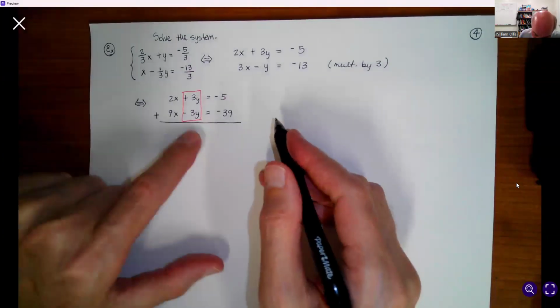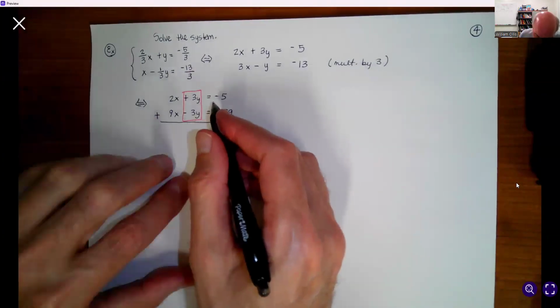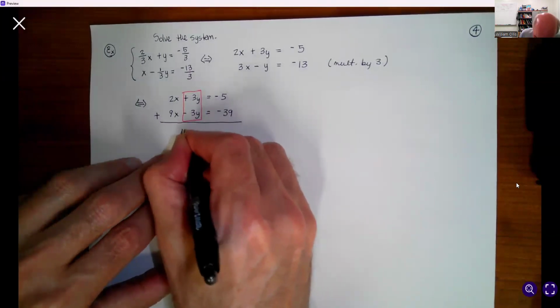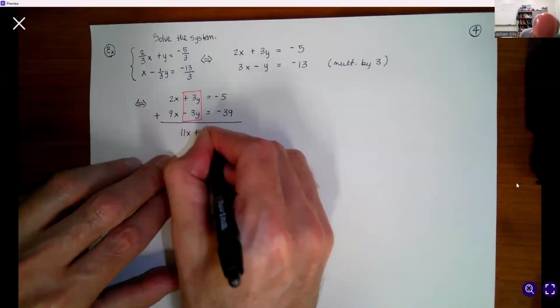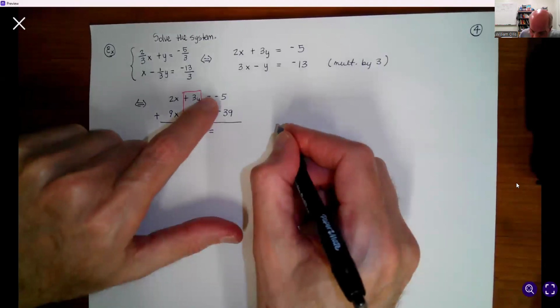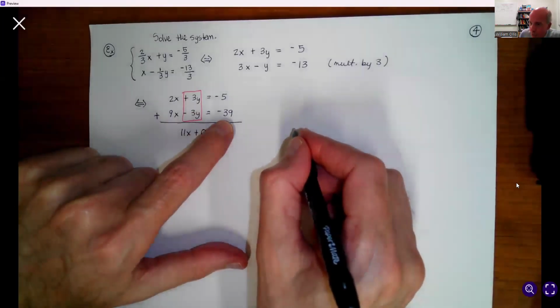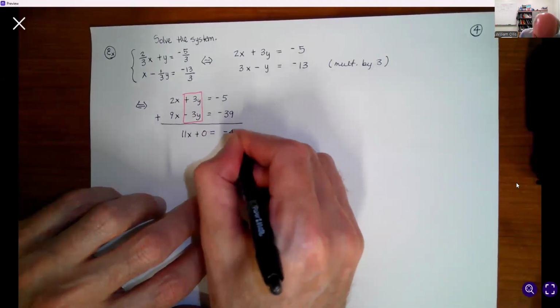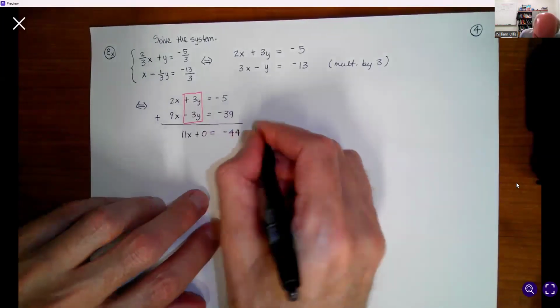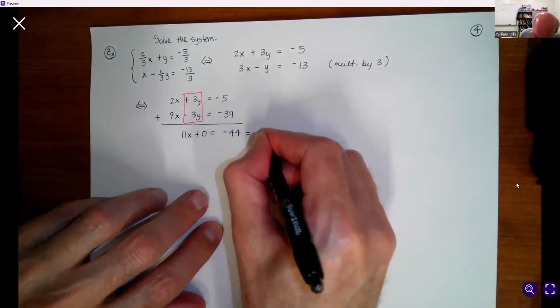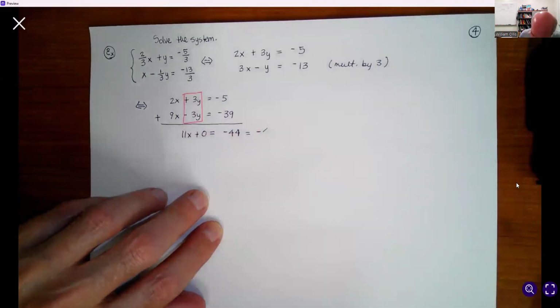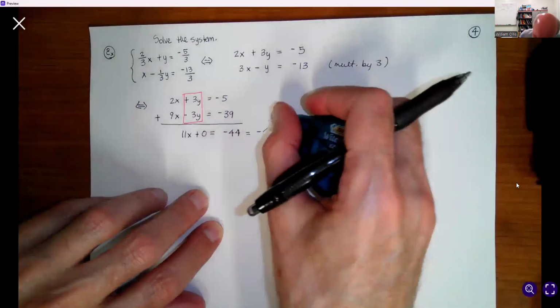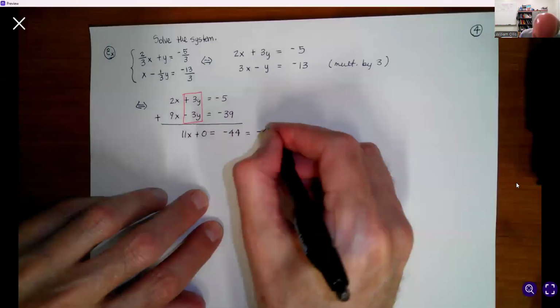So now, of course, we get a 0 here, but the 2 plus the 9 is 11x plus 0. And notice here we get the negative 5 plus the negative 39, which gives us a negative 44. I'll go ahead and write this out.